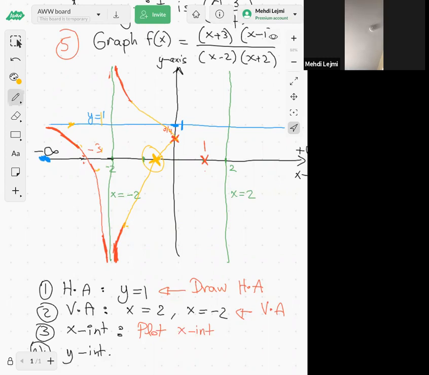So the right thing to do is to go down from here to the y-intercept. So this thing here is not the correct thing. So that's not the correct graph. Okay, so that's why I have to go down.